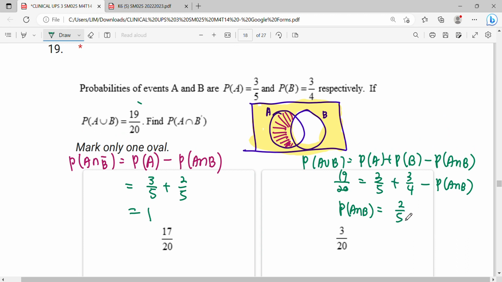Here, is it right? Right. Minus. Oh yes, 1 over 5. Just formula. Done. Continue.